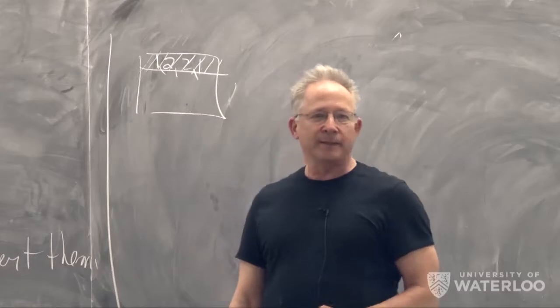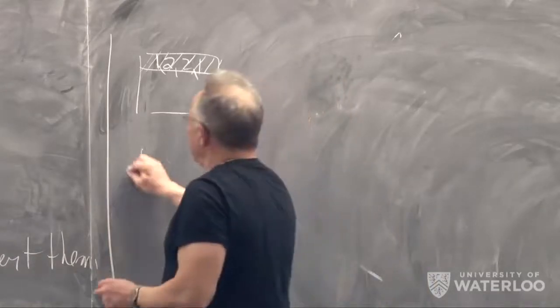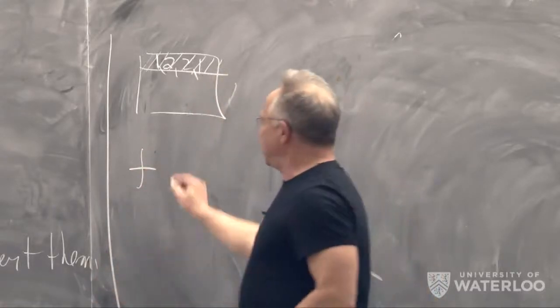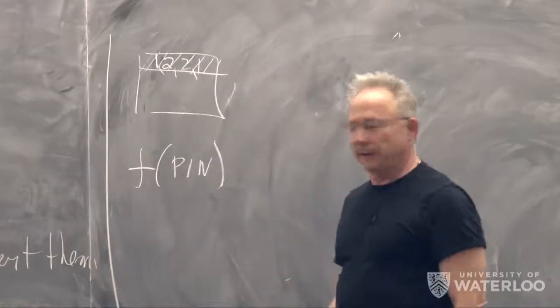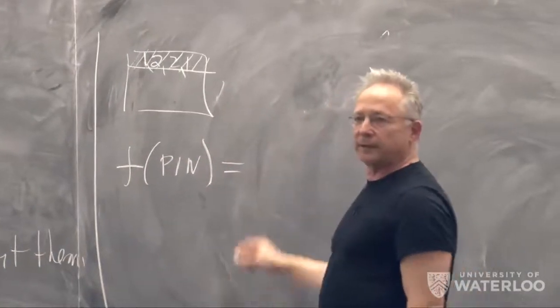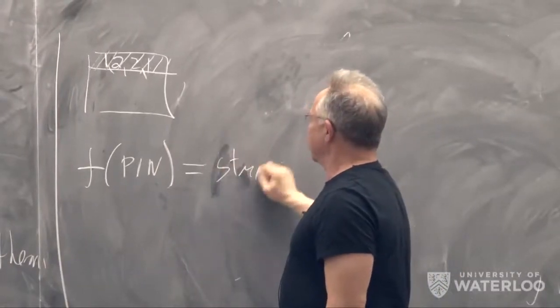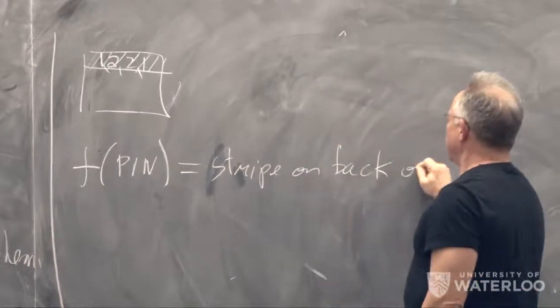The trick is that there is a one-way function which is common and known to all the ATM machines. Your PIN is the input to this one-way function, and the output is what is written on the stripe on the back of your card.